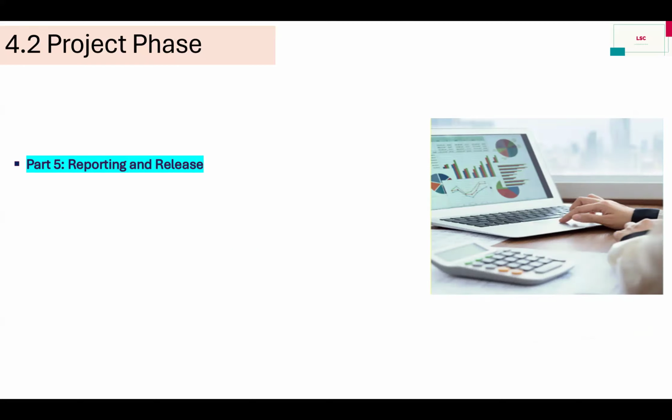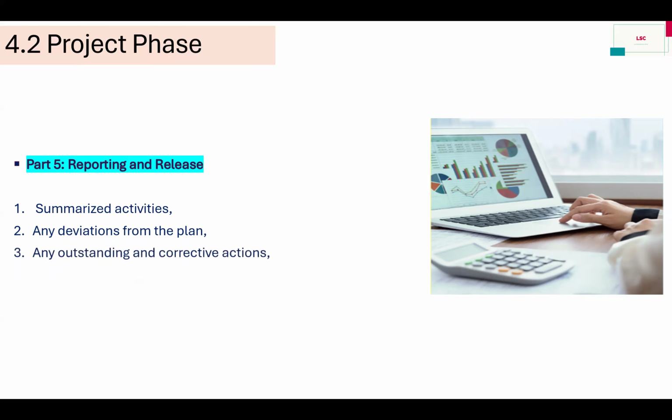Then reporting and release. Obviously, for the reporting part, we have to summarize everything and make everything traceable, with the appropriate quality function as applicable at this part also. So we have to review all the project phases first and report that. How do we report? First of all, summarize the activity. If we had any deviations or changes, how we addressed them and rectified the issue should be there.